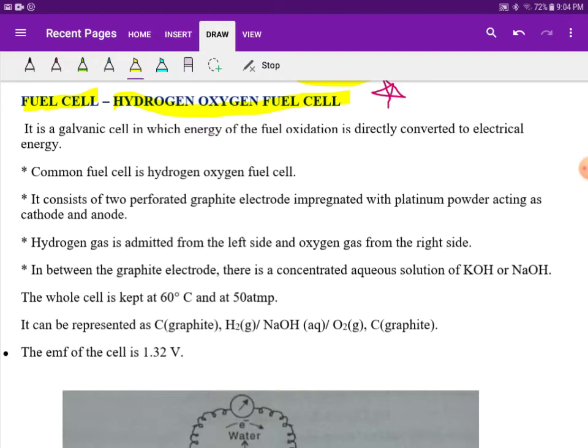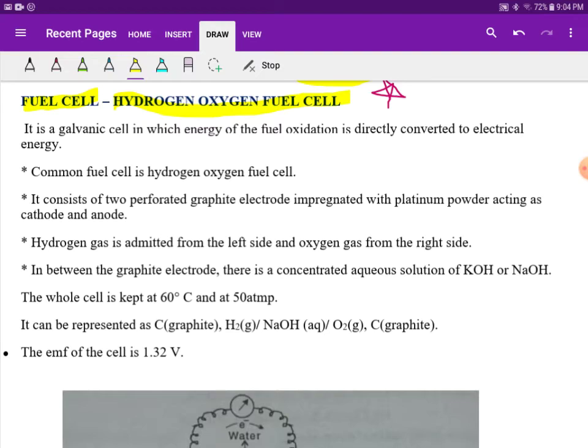There are also other fuel cells, that is the hydrocarbon fuel cell. There is no need to discuss that fuel cell. For you, the hydrogen-oxygen fuel cell, that is a simple fuel cell, is to be discussed.